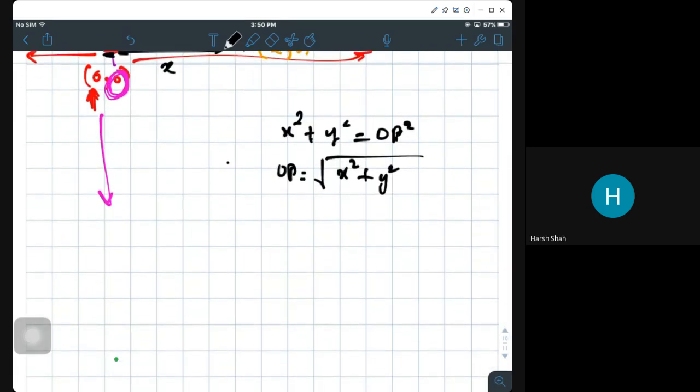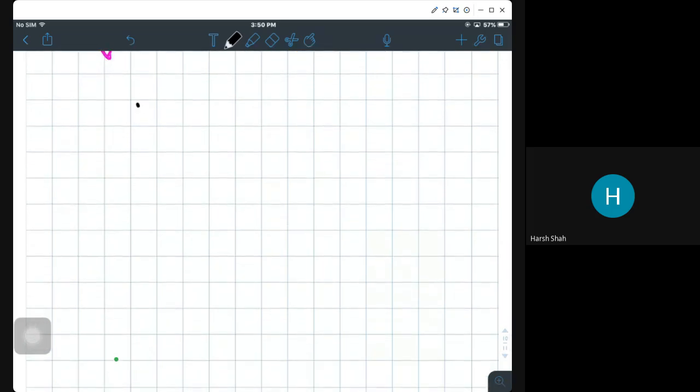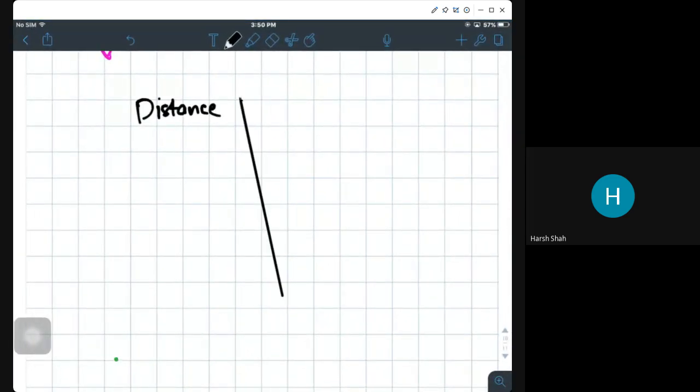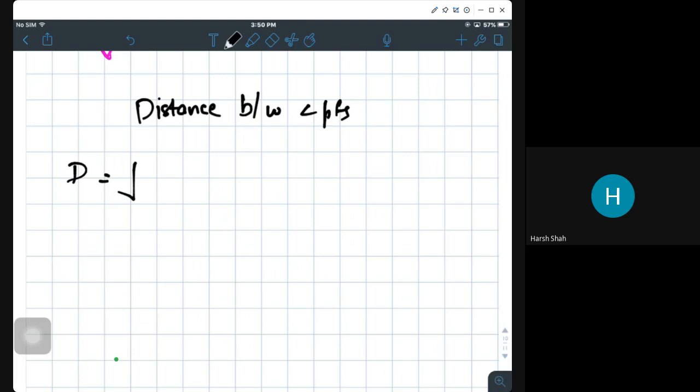Now this was when the other point was origin. Similarly, to find the distance between 2 points, I can use the formula: root of the difference of their x coordinates squared plus the difference of their y coordinates squared.